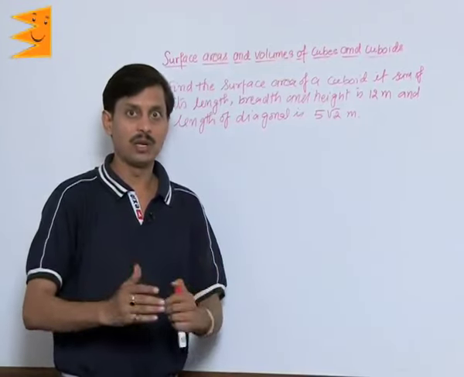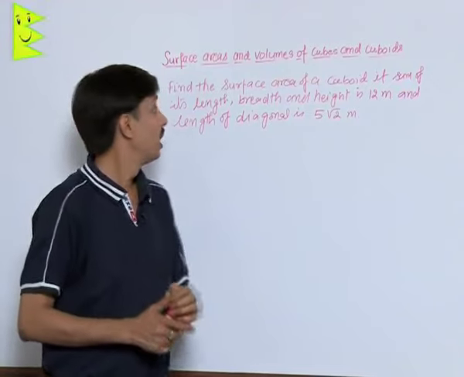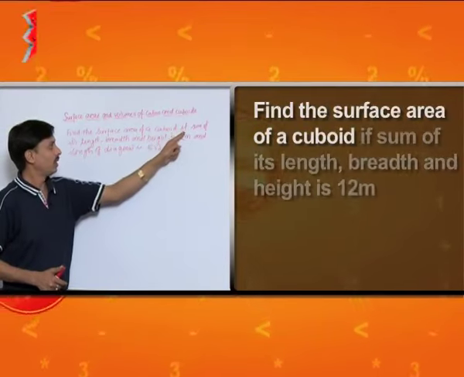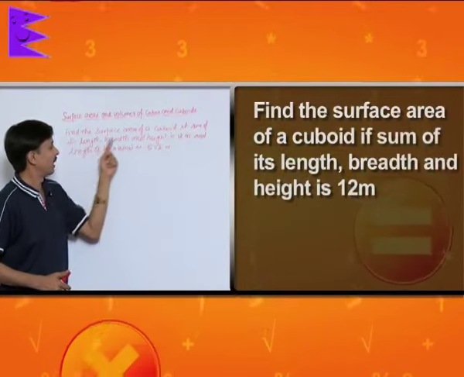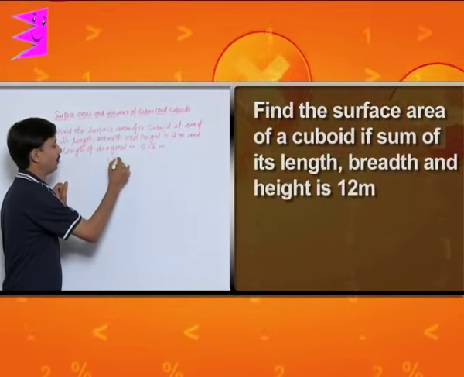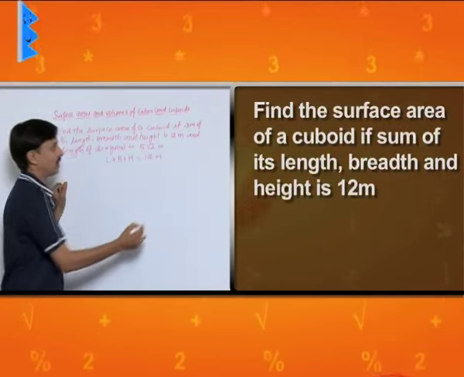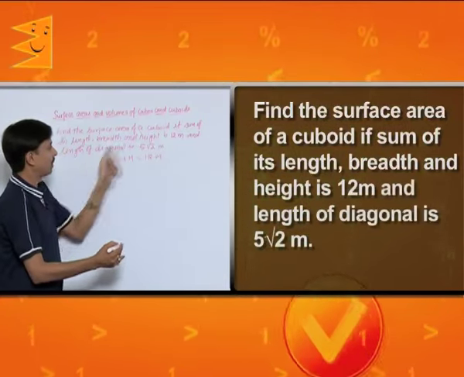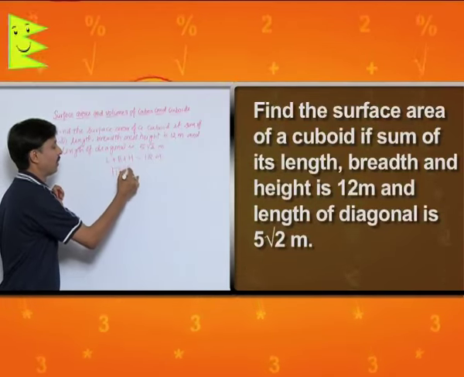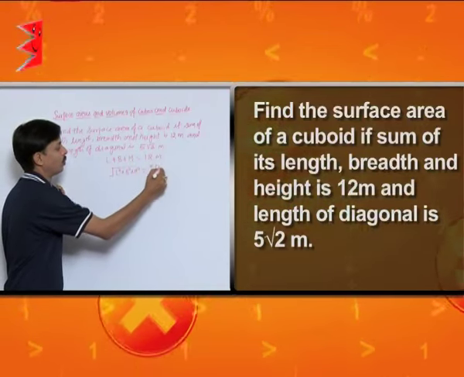Now one of the very important questions related to the surface area of the cuboid. Find the surface area of a cuboid if the sum of length, breadth and height, that is L plus B plus H, for a cuboid is 12 meter, and the length of diagonal, meaning root of L square plus B square plus H square, is given as 5 root 2 meter.